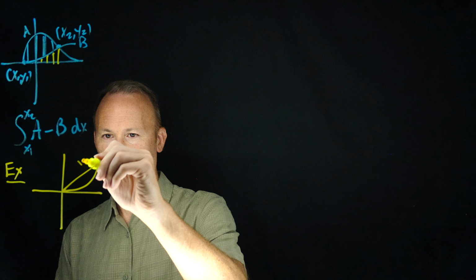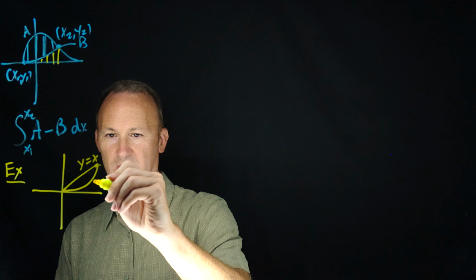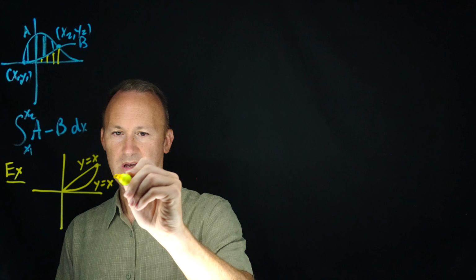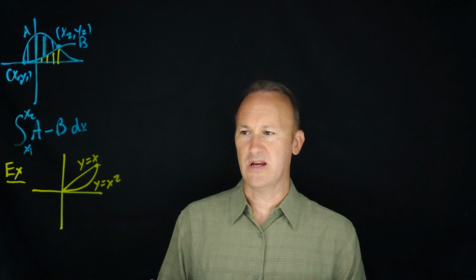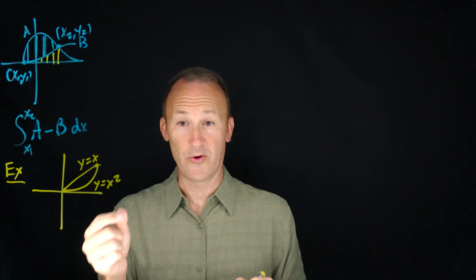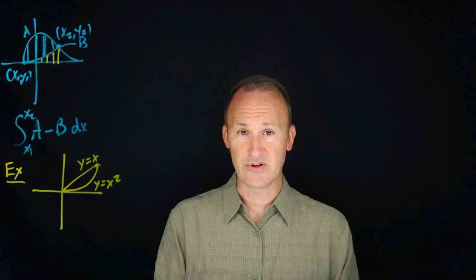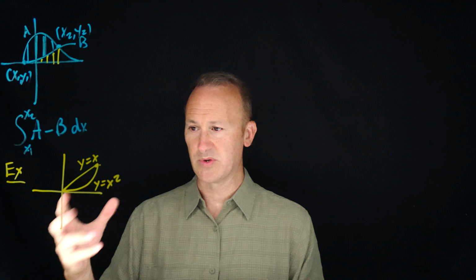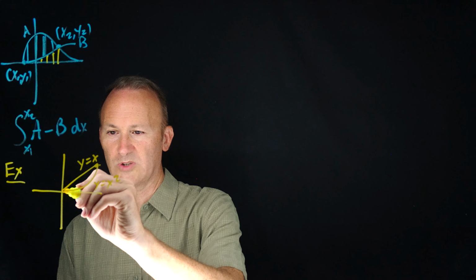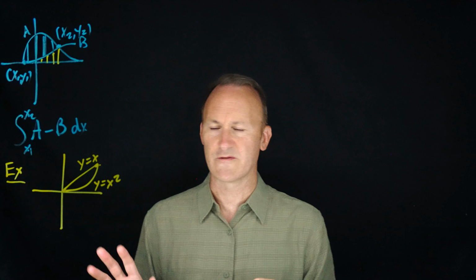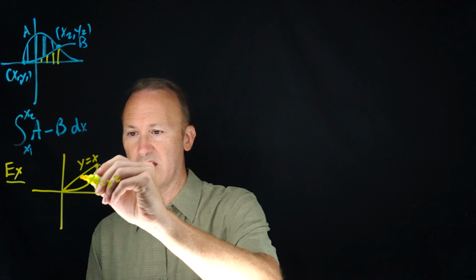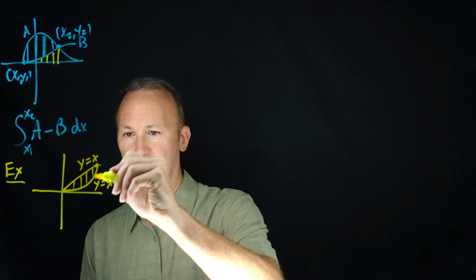So we've got y equals x here at the top and y equals x squared at the bottom. And it might depend on whether you know the point of intersection or not. Sometimes you need to find it out on your own. Sometimes it'll be given to you. I think in this particular case, we can find them out. So again, the goal is to find this area here.